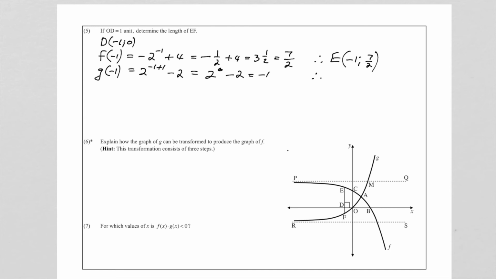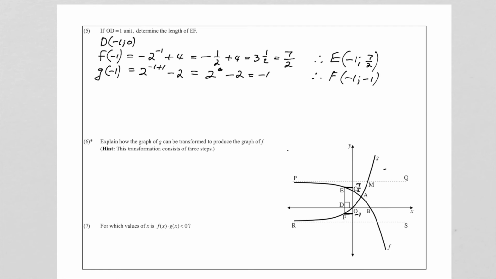So we can say now that the coordinates of F: the x will be -1 and the y is -1 as well. So what we calculated now was this y value and that y value. So this one is at -1 and that one is at 7/2.